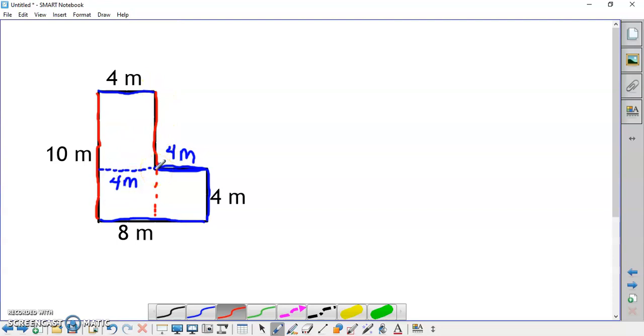I'm going to need to subtract from 10 to get the length of the shorter side. If this side is 4 meters, then this length is 4 meters. So 10 meters minus 4 meters would give me 6 meters.